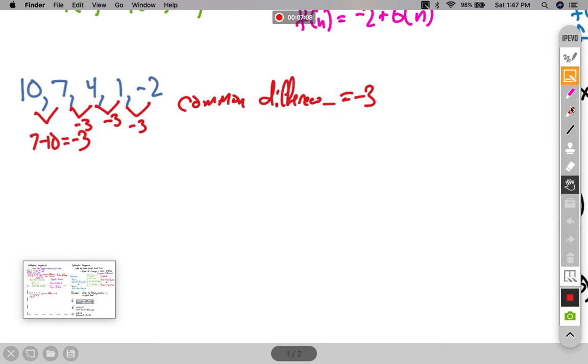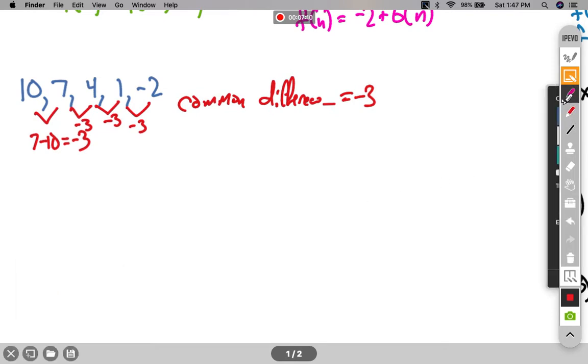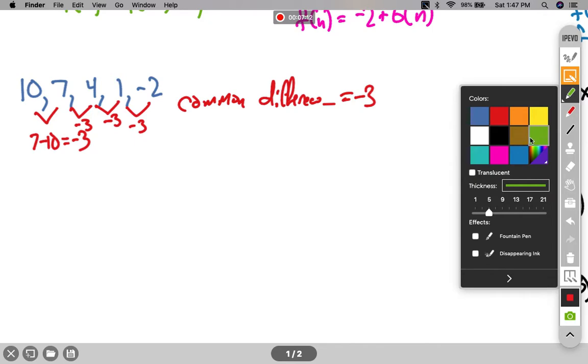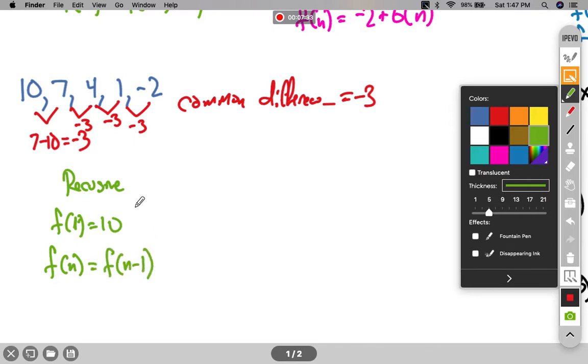Looking at the same one way with this one, we will do this recursively. So recursive, our first number is 10. For any number in the sequence, we're going to take the number that came right before it, and in this case, we're subtracting 3.